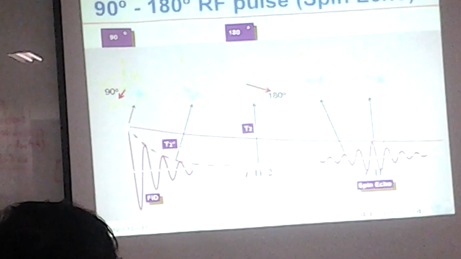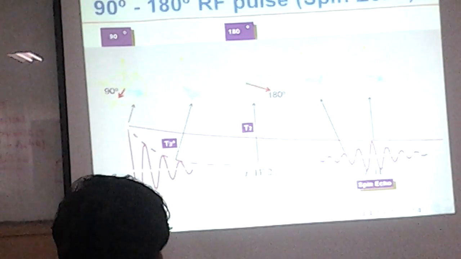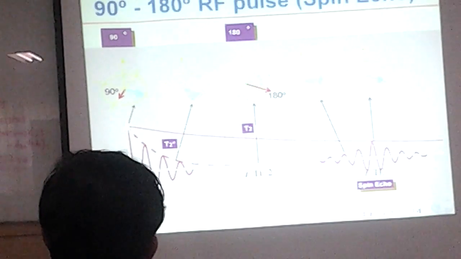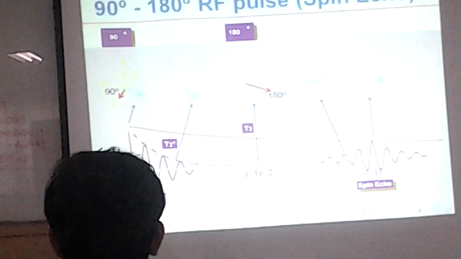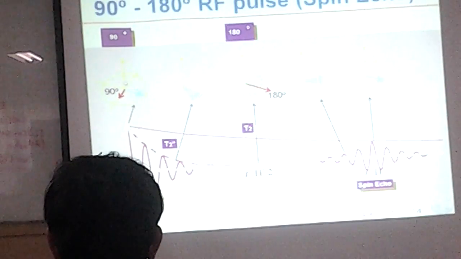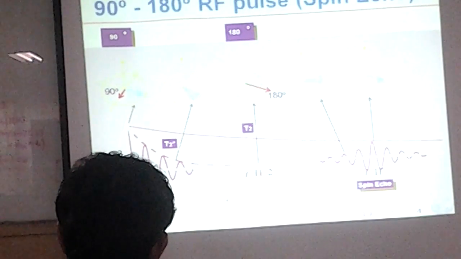Yeah. So we can say if the flip angle is 180 degrees, that means spin echo, and 90 degrees is FID. If we apply only a 90 degree RF pulse, then we get only the FID signal.